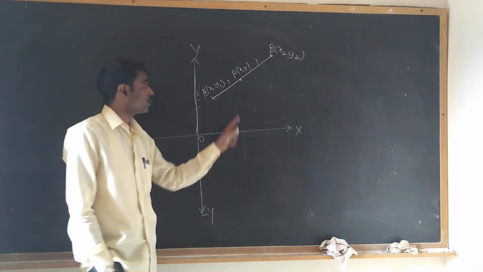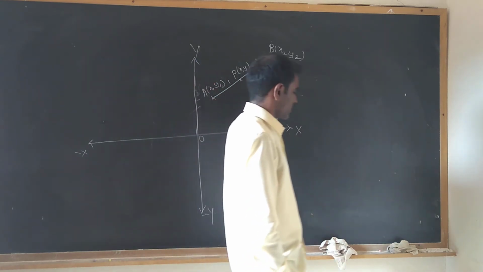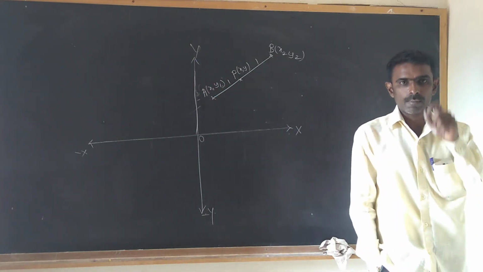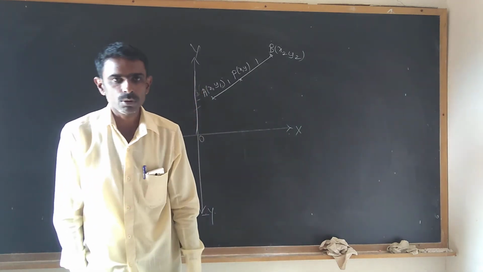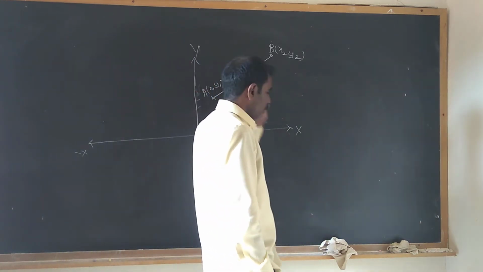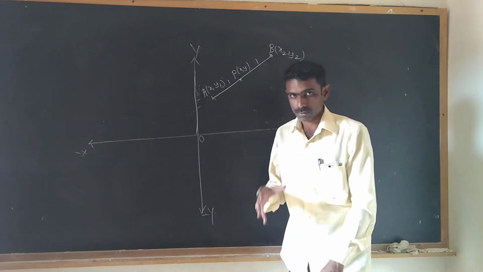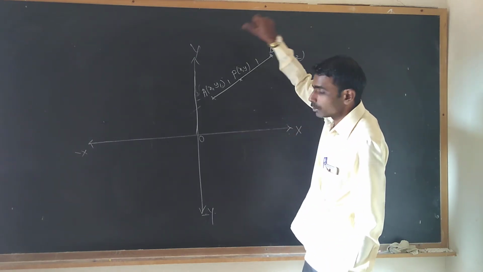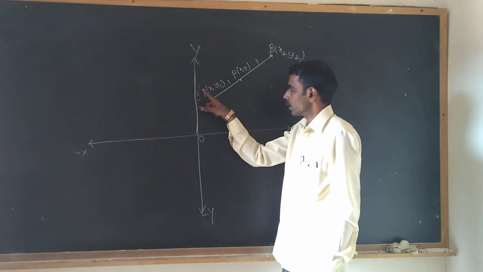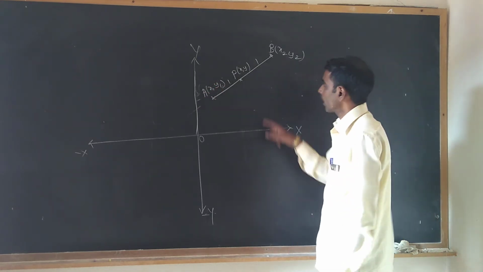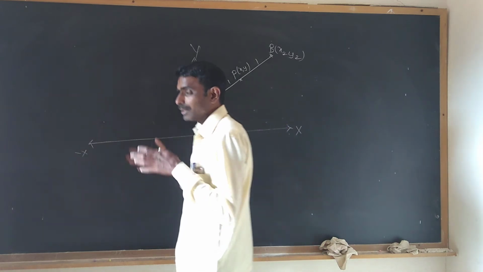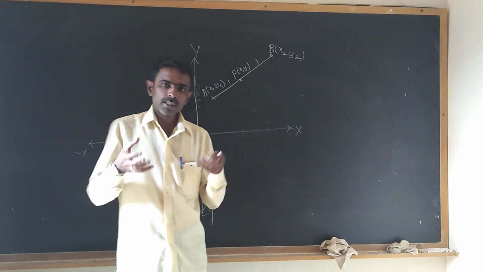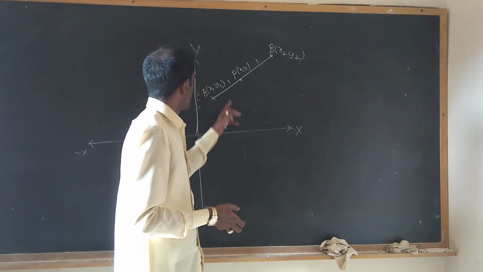If P is the midpoint in between the points A and B, then P is going to divide the join of the points A of x1, y1 and B of x2, y2 internally in the ratio 1 is to 1.